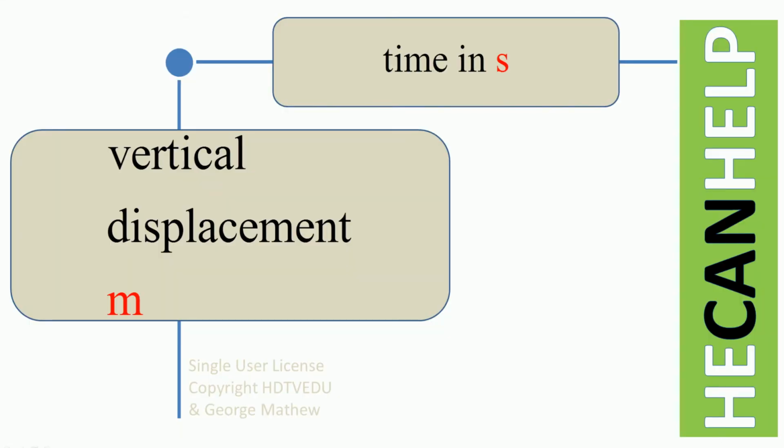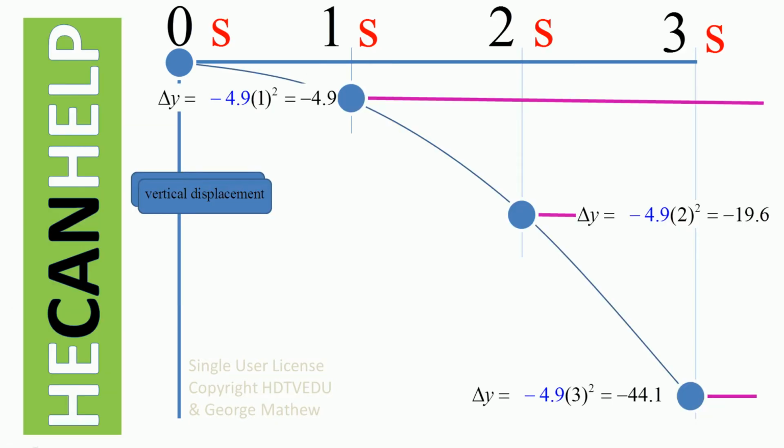So you put time on the x, vertical displacement on the y, and when t is equal to 0 seconds, what do we get? 0. So that's right here. When t is equal to 1 second, what happens to delta y? It is negative 4.9.